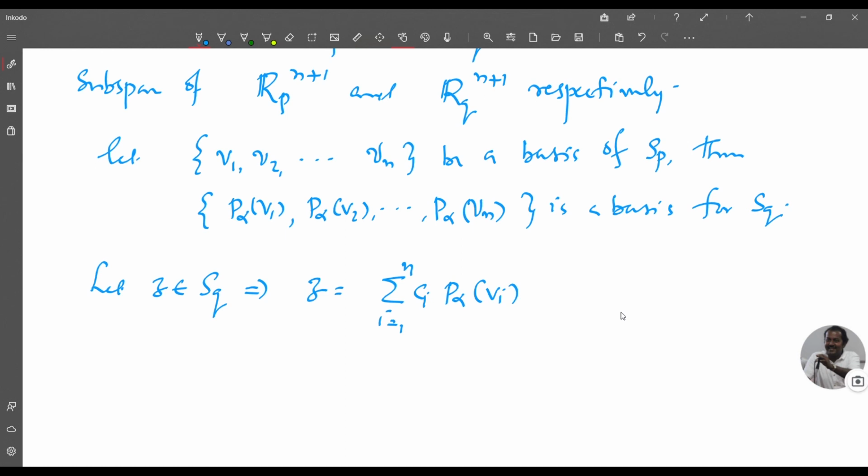Because of the linearity, it is P alpha of sigma i equals 1 to n ci vi. So this is P alpha of v for v belonging to SP. Thus for any z in SQ, z is equal to P alpha of v for v in SP. So this implies P alpha is onto.